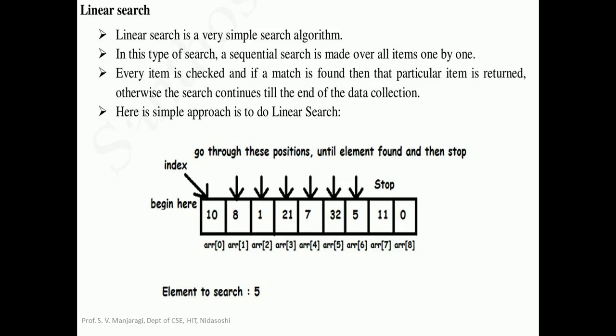If you find that the element is present, then we have to print its position. If the element is not present, we just need to print that the key is not found. So this is a very simple technique. Take the search key and compare it with all individual array elements starting from the first element. Then we decide whether the element is found or not.